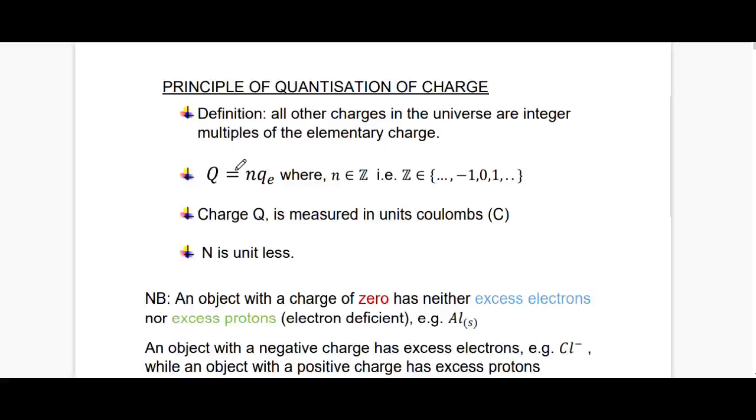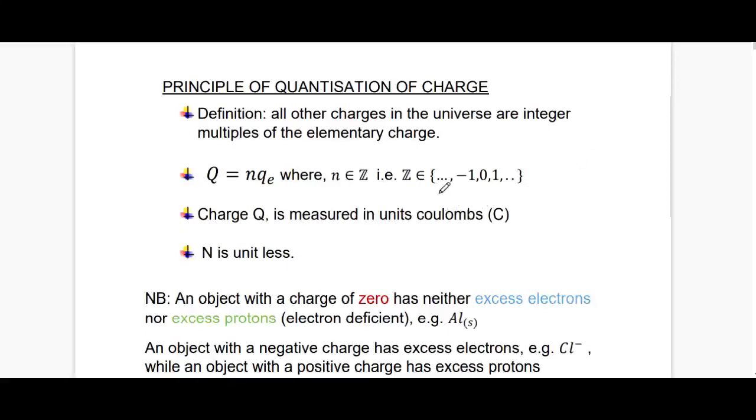We know now what an elementary charge is: Qe, which is 1.6 times 10 to the power negative 19 coulombs. So all charges in the universe are integer multiples of that, meaning we can multiply that Qe by a negative value or a positive value, but that value must be an integer.